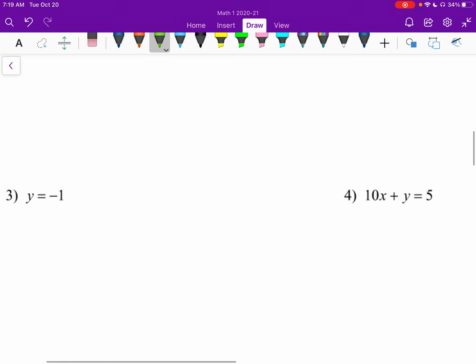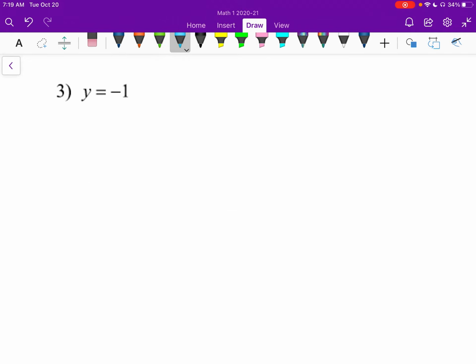All right, number 3. Now this one's kind of a trick question, because it's actually already in slope-intercept form, but I want to show you why it's in slope-intercept form. So it doesn't have an x, but we could add in there a 0x, because that's like adding 0. y equals 0x minus 1, right? My minus 1 is from right there, and then I put in a 0x to make it look like slope-intercept form.